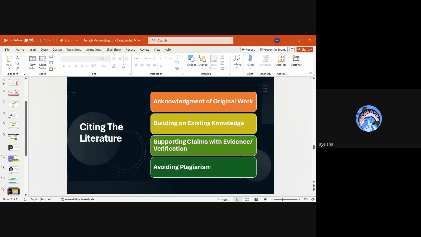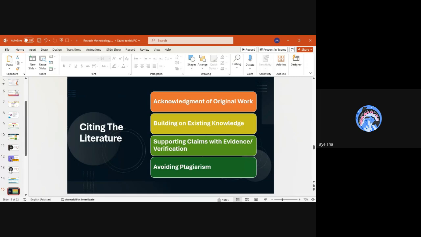The fundamental reasons that you have to cite, or name who did what, are, first, the acknowledgement of the original work, because you have to give credit to the original authors whose work has contributed to your research, whose work you are trying to use in your own way, or whose data you are using in your literature.